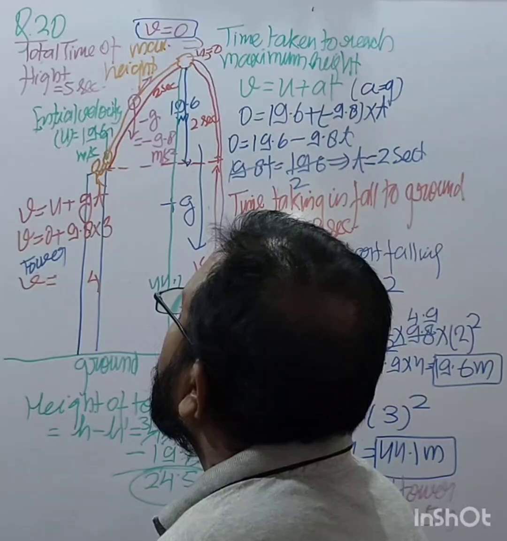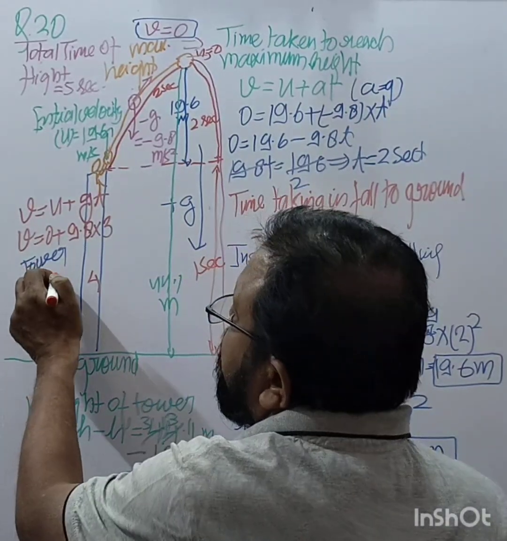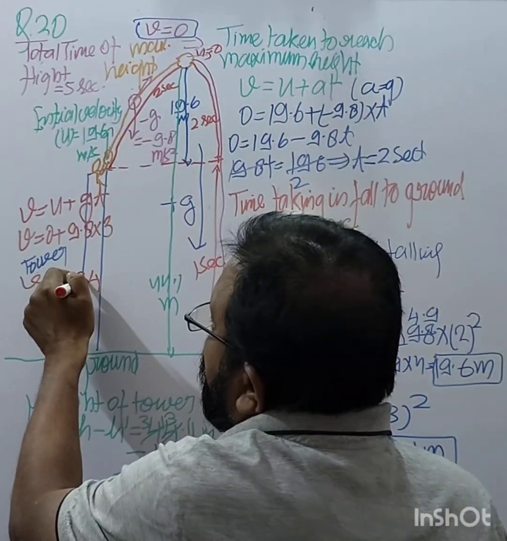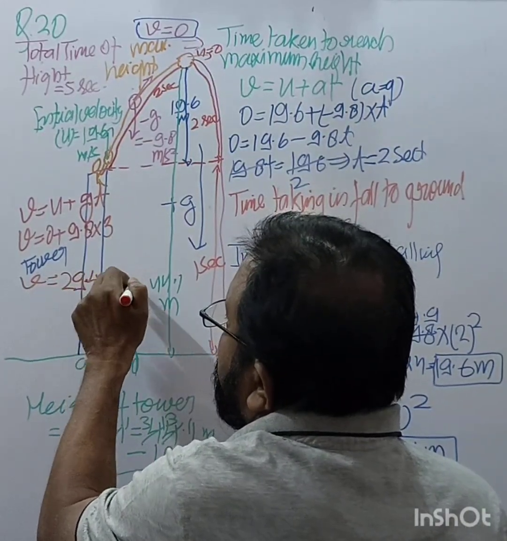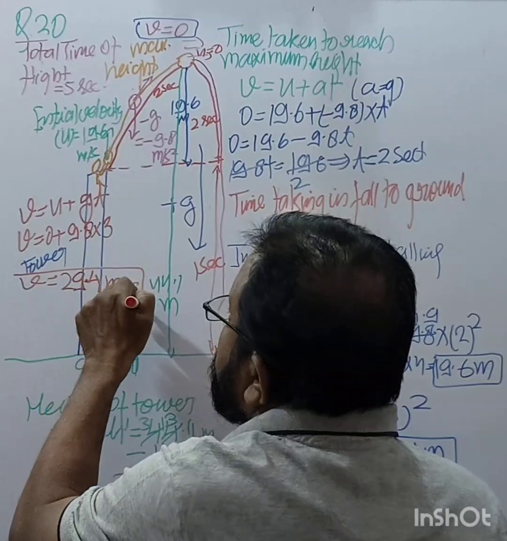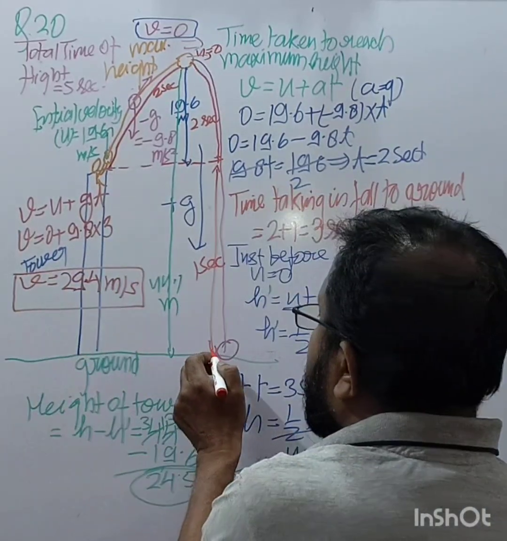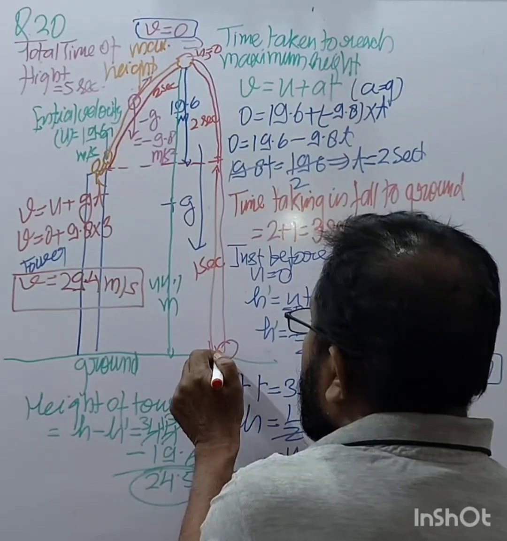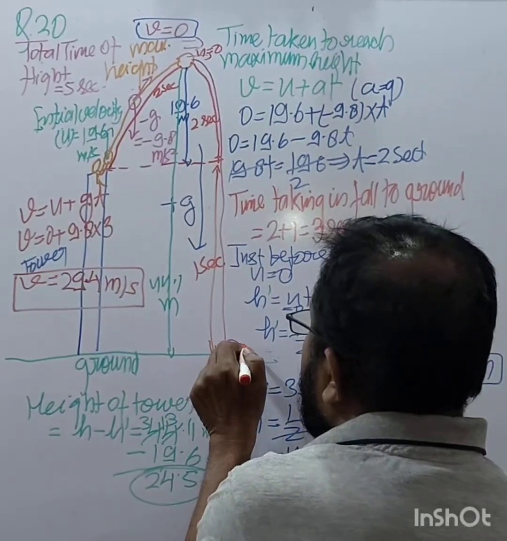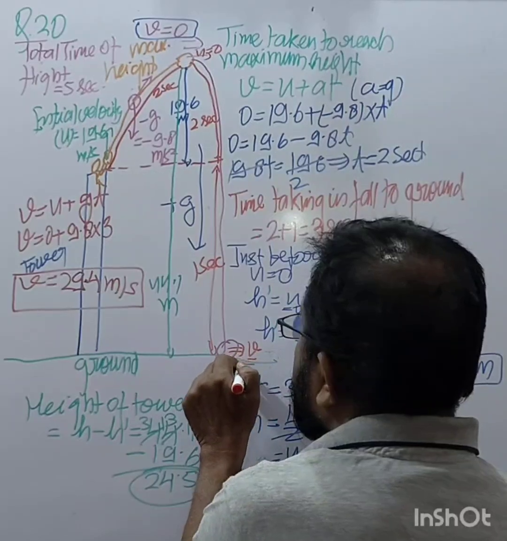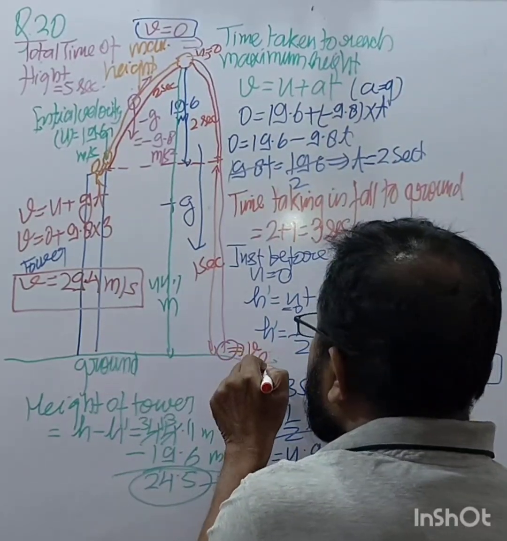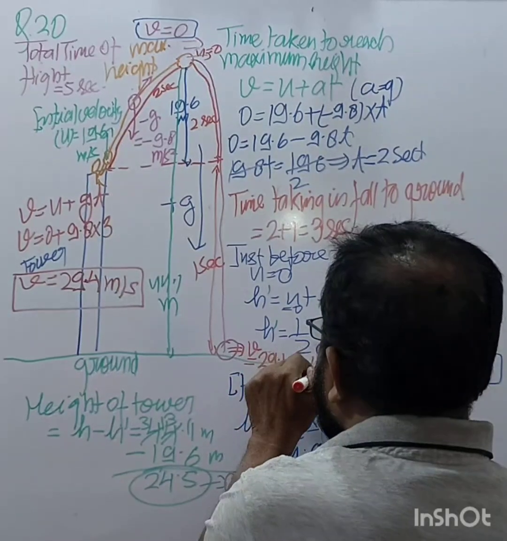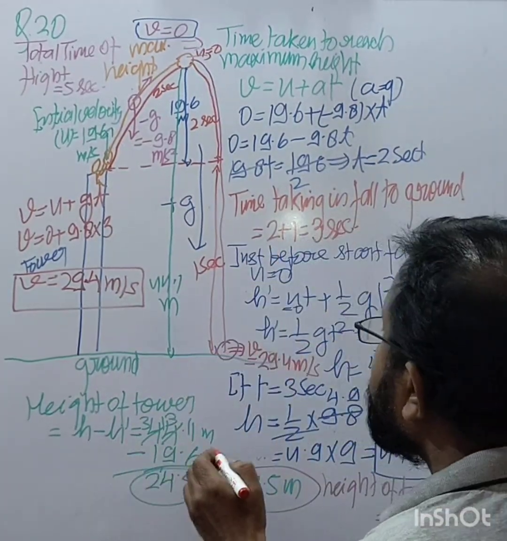And 3 plus 27 is 29. It is 29.4 meter per second. So this is the velocity here. At this point, velocity is 29.4 meter per second.